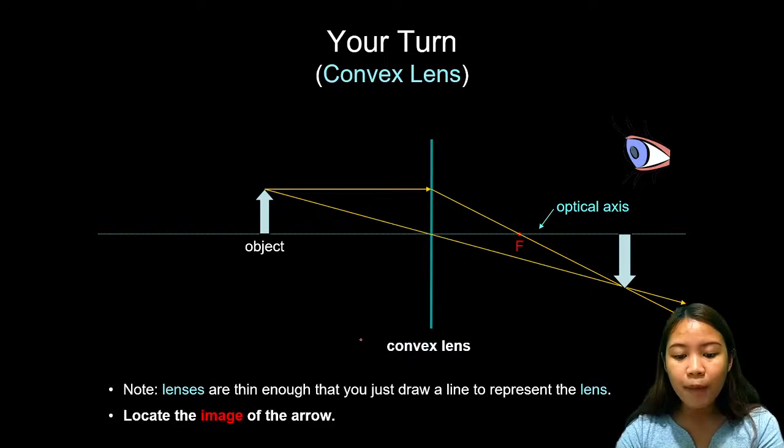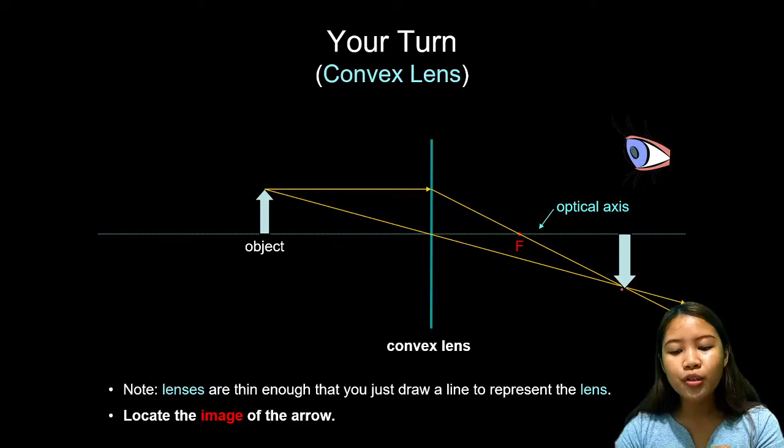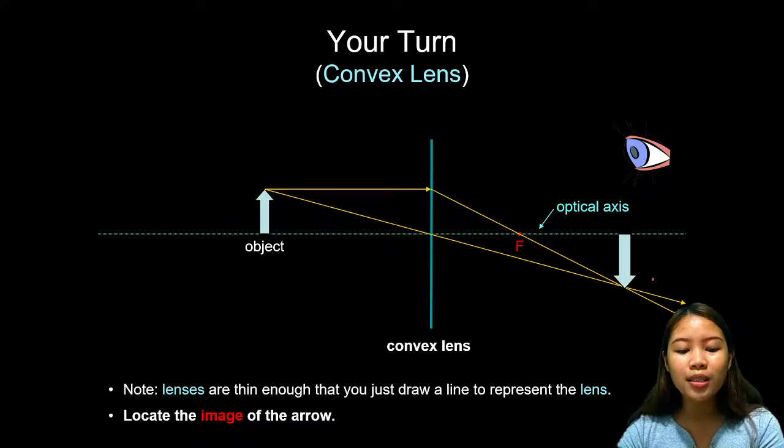Let me take a look, let's see if you got it right. So here it is. For our image, we have the same pattern: straight, turn, and then slant. In this example, the light rays meet on the observer side. We have here an inverted image, and if you take a look, it is the same size as the object. So the image is the same height as the object, and it is real because it is located on the observer's side.